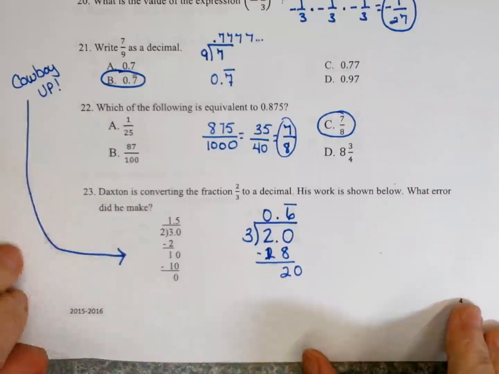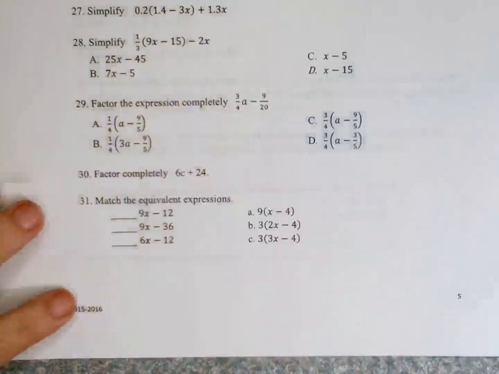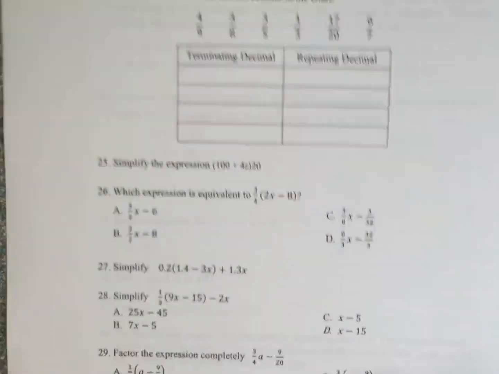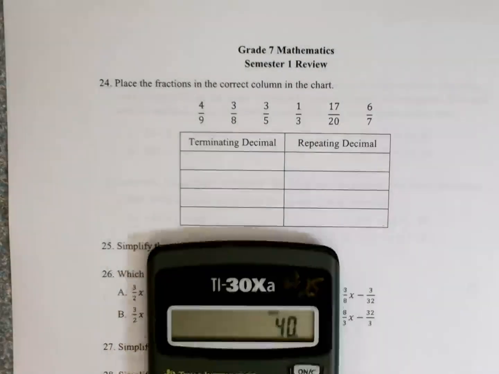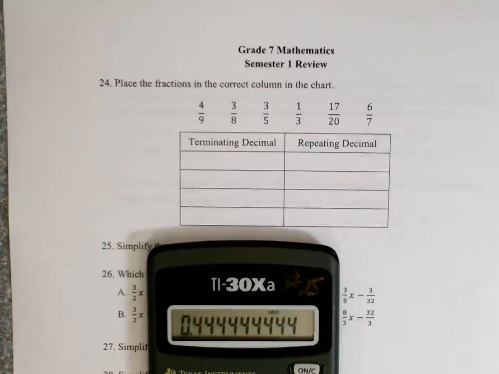Okay? All right, let's move on to number 24. Place the fraction in the correct column in the chart. Is it a repeating decimal or a terminating decimal? Well, let's find out. 4 divided by 9. That is a repeating decimal.